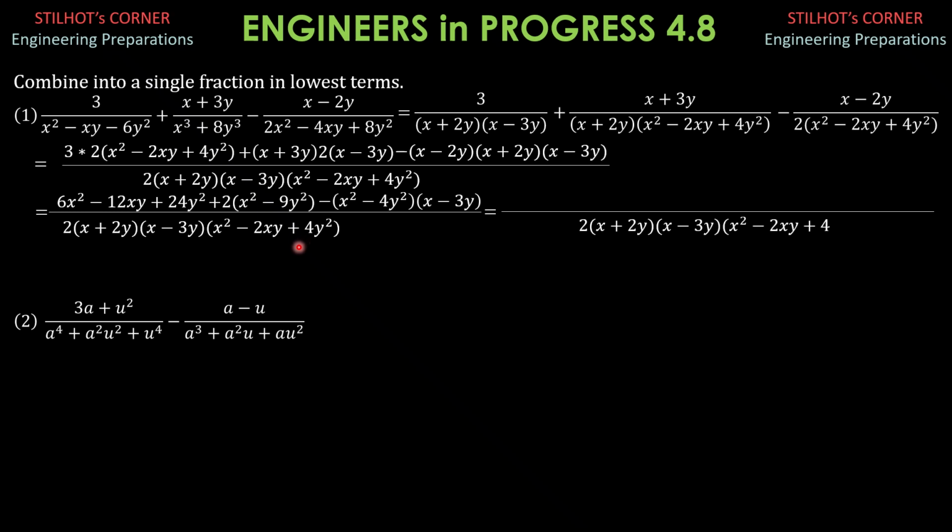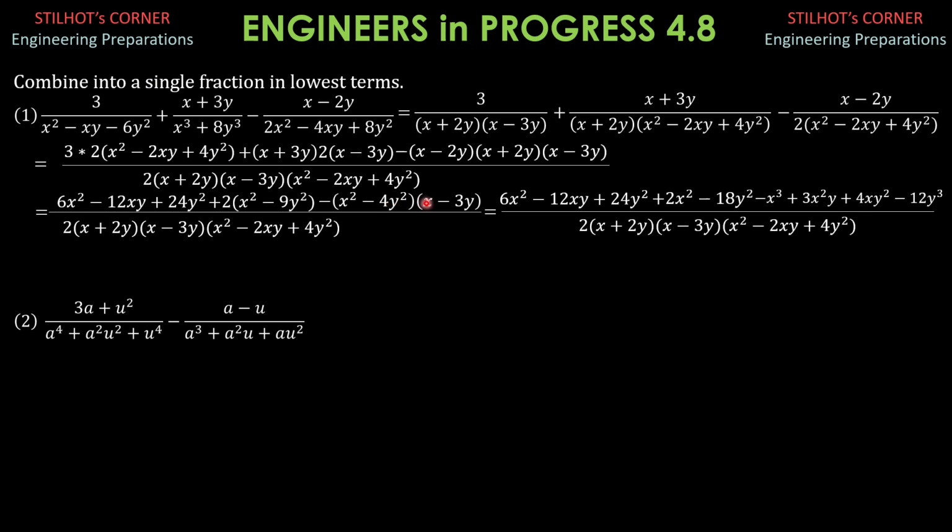And let's simplify. So let's copy these first 3 terms first, then expand for this next. So 6x squared minus 12xy plus 24y squared plus 2x squared minus 18y squared. Then minus x cubed plus x squared times negative 3y is negative 3x squared y times negative, so positive 3x squared y.